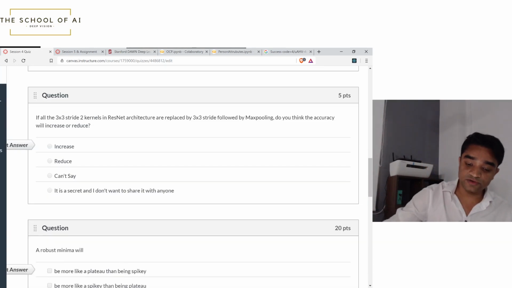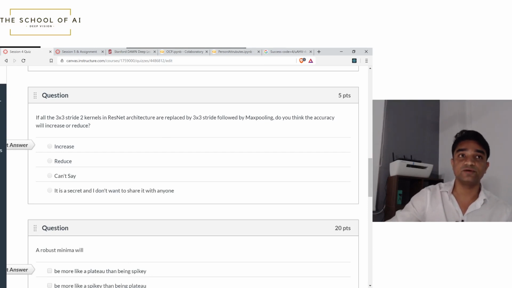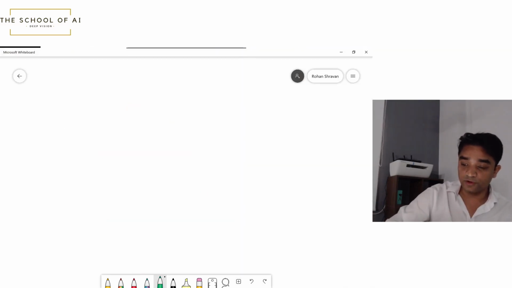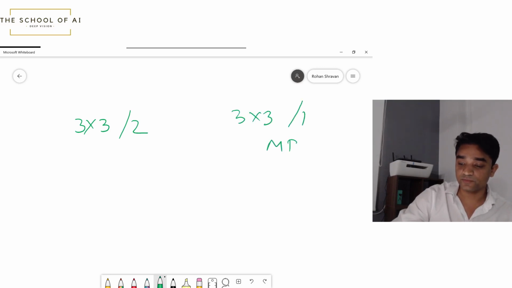Now, if all 3x3 stride 2 kernels in the ResNet architecture are replaced by 3x3 stride 1 followed by max pooling, do you think the accuracy will increase or reduce? It will increase, right? Now, what you also need to remember is that we are talking about a 3x3 with a stride of 2 replaced by a 3x3 with a stride of 1 and max pooling.